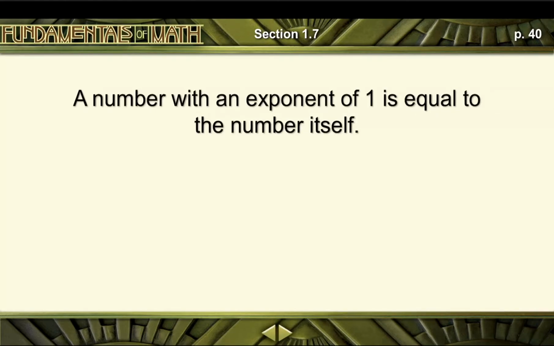But it says a number with an exponent of 1 is equal to the number itself. So 3 to the 1st means 3 because it means 3 as a factor just once. So it's just 3. Or 27 as a factor just once, so just 27, or 865 to the 1st is simply 865.